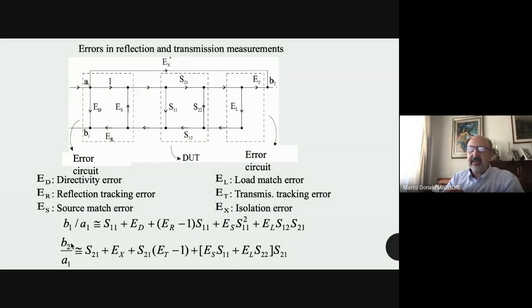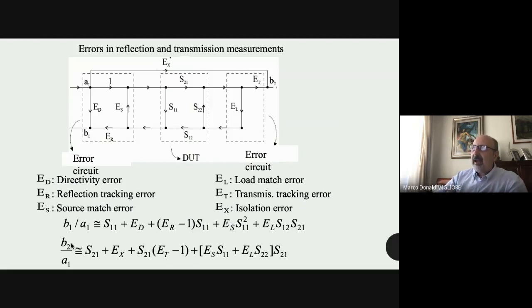It means that this is a very, very critical point. If we make mistakes in the calibration, instead of improving the measurements, we add errors.